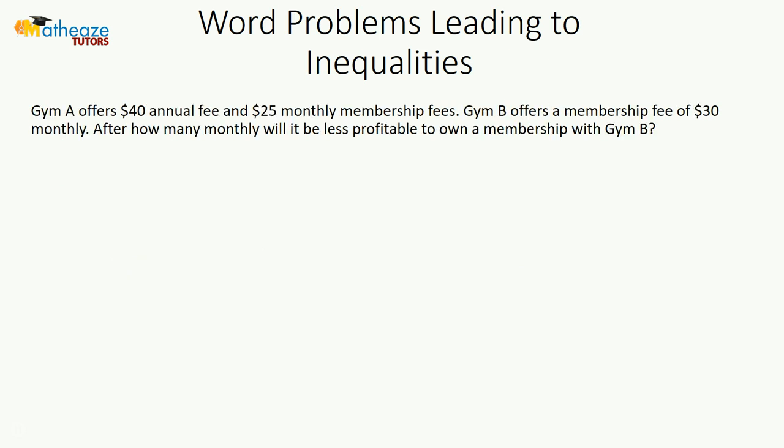Finally, Gym A offers a $40 annual fee. So let's write, we have Gym A and we have Gym B. So Gym A offers a $40 annual fee and $25 monthly.